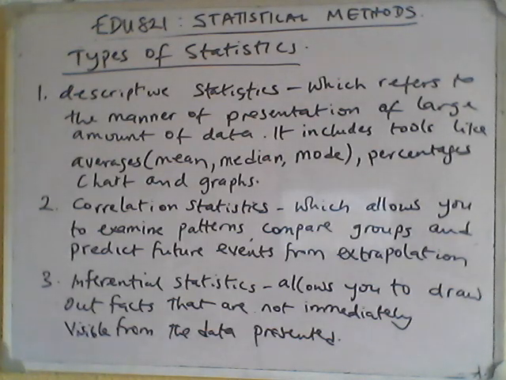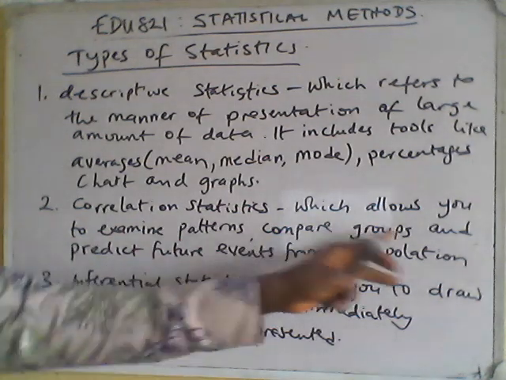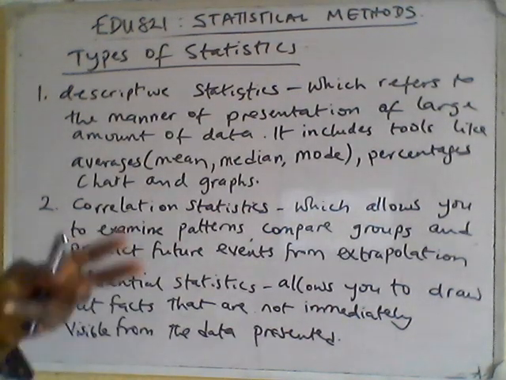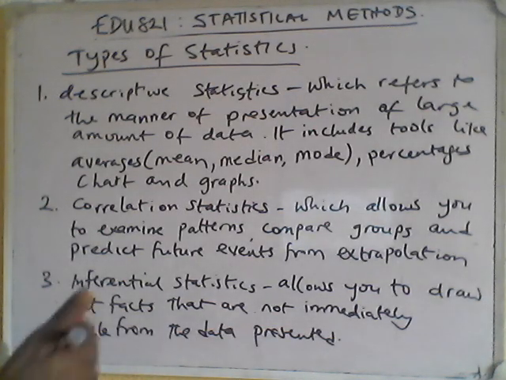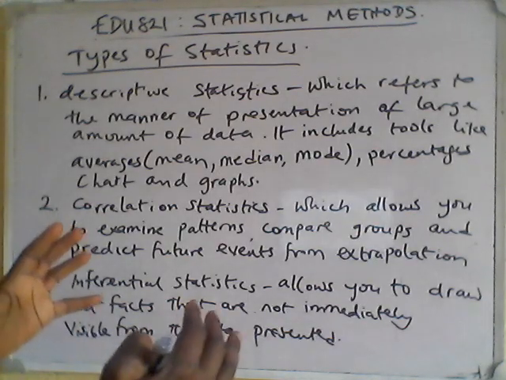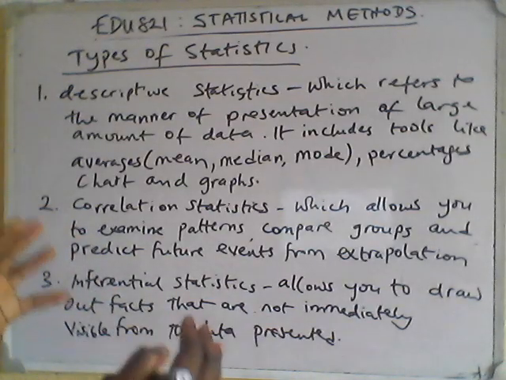presentations to describe data. So the next type of statistics is correlation statistics, which allows you to examine patterns, compare groups, and predict future events from extrapolation. That has to do with looking at trend. You see that the particular item or variable is going up in a steady way. Even if the data stop at a particular boundary, that means you did not go beyond it.